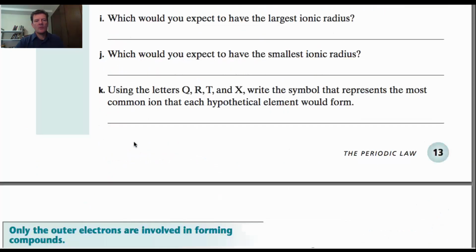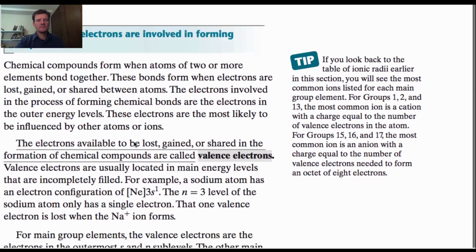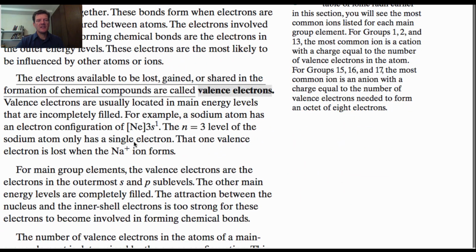Alright, so what I want you to be able to do here is understand some of the trends, how the periodic table is arranged, and how it relates to electron configuration. Okay? When we talk about valence electrons, remember these are the outermost electrons, and they are the ones that are going to be lost, gained, or shared.